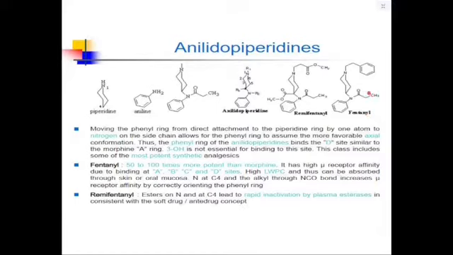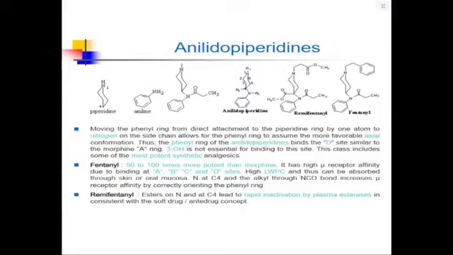You can see, as we had said, fentanyl at position number 1 has a hydrogen, and then it has that group. When you look at these others, at that position, it has this group and another substituent, and that is the main difference.